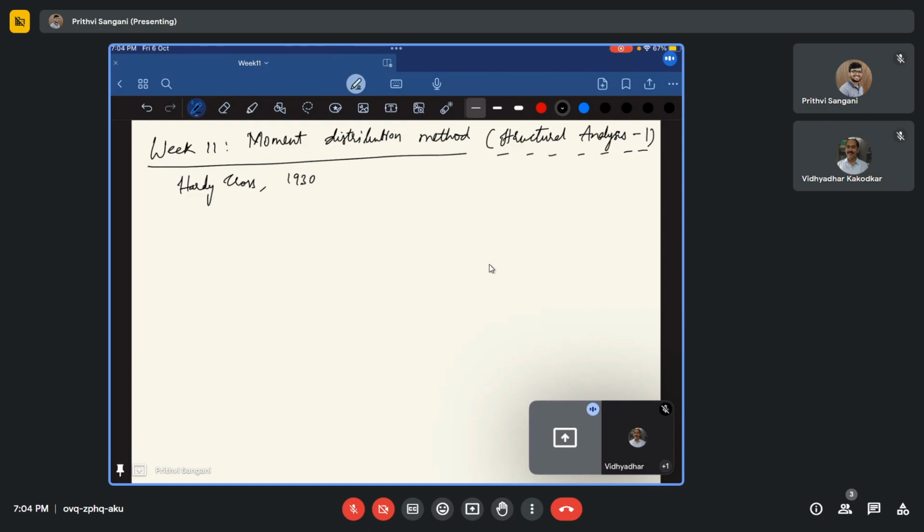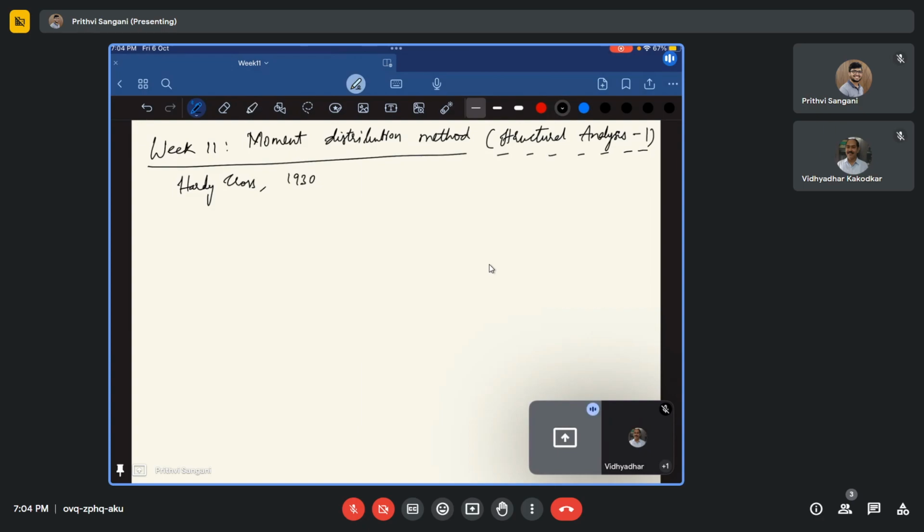In all the methods, even if the real beam or the real structure has pin or roller supports, we initially assume them as fixed supports, and then we release the moment, and then we find out how the moments are distributed, right?